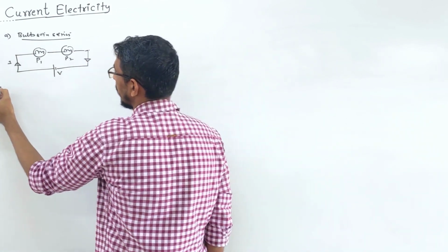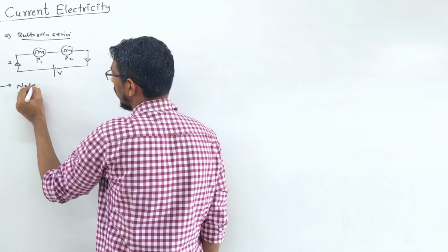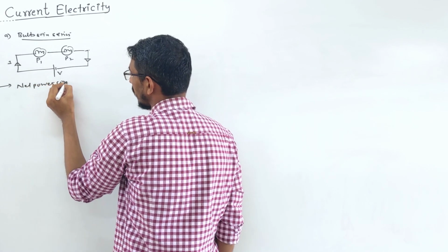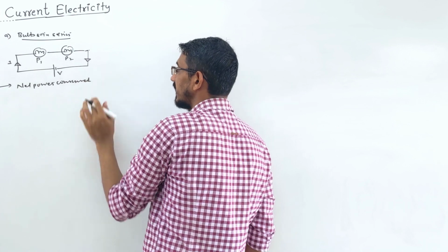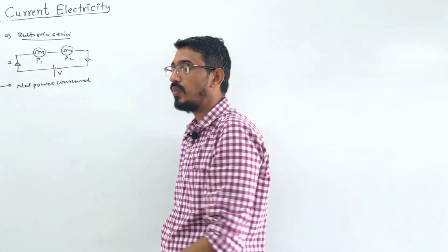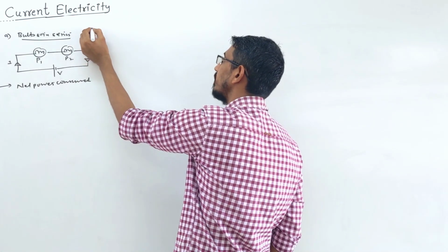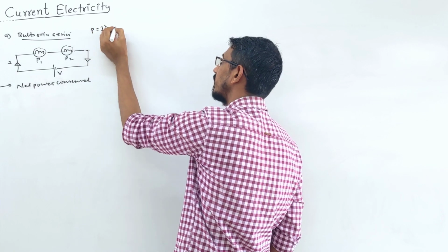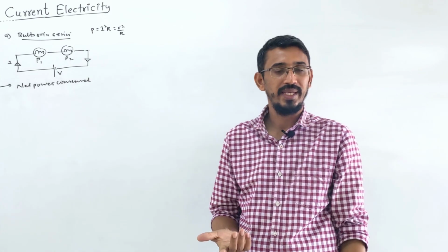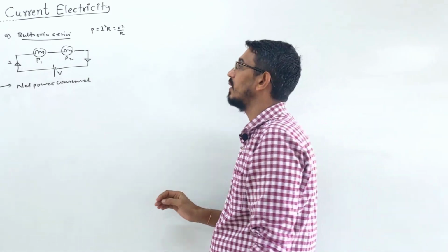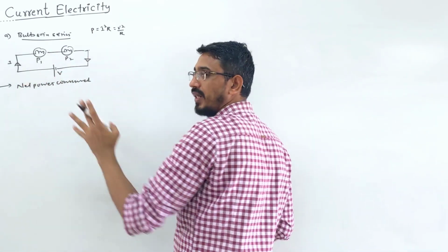First they will ask you what the net power consumed is. In series, if you watch carefully, power is I square R, V square by R. In series the current flowing is the same. So how will you write the net power consumed?